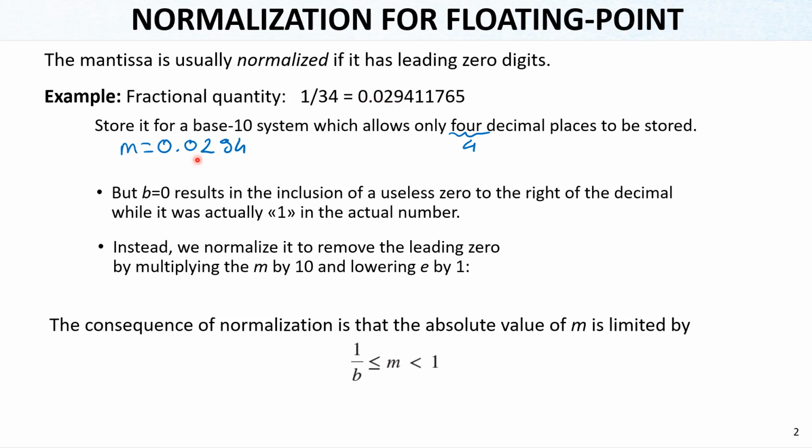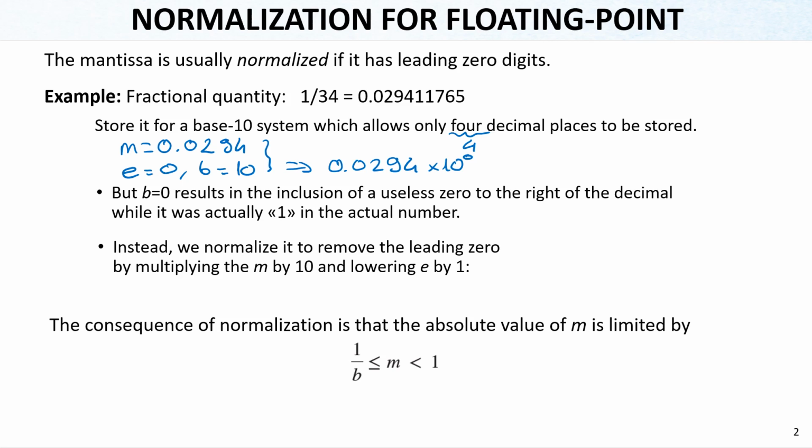We can only write 3 of them, as you can see, because with 1 2 3 4 decimals we can store only. In this case, we will have e is 0, and of course base is 10, and with this we can represent this number as only 0.0294 times 10 to the power 0. If it is 4 decimals, it can be stored.